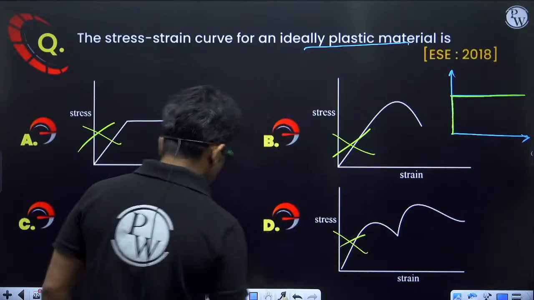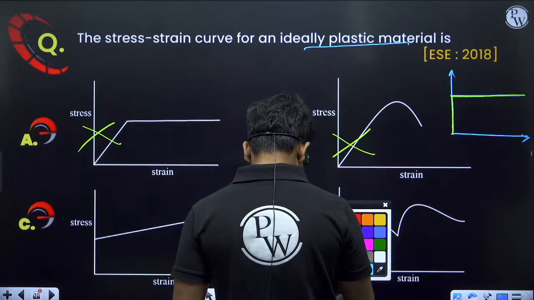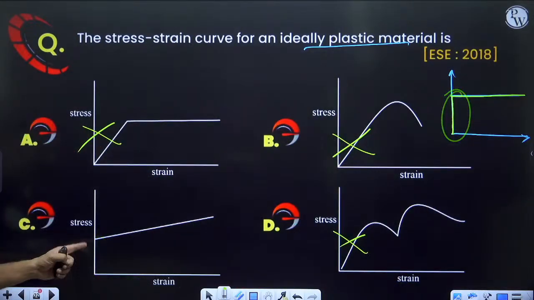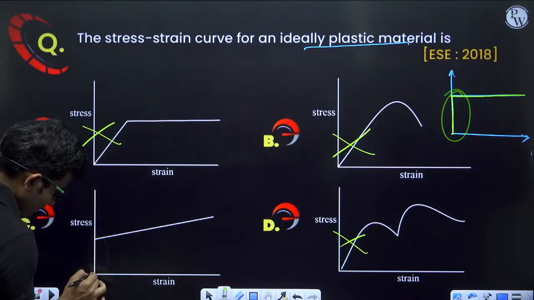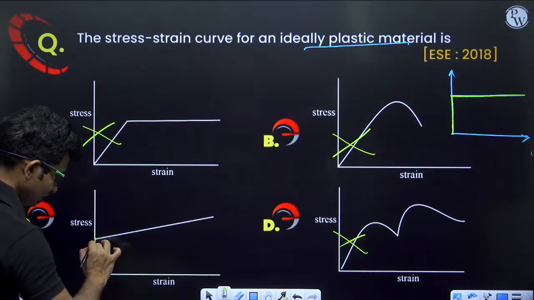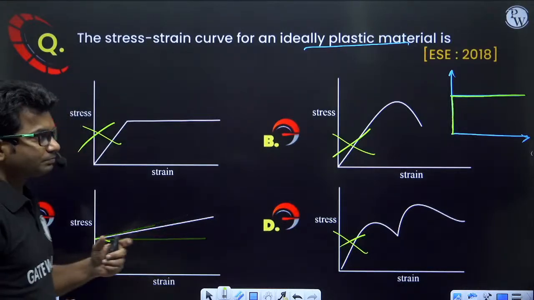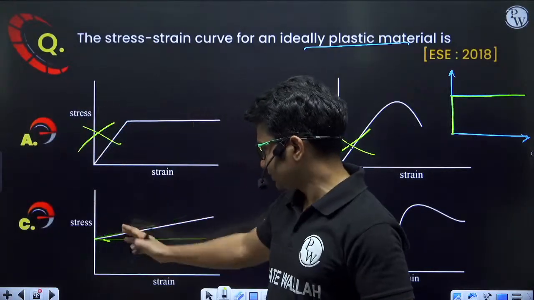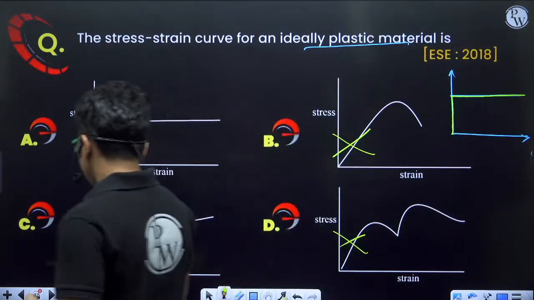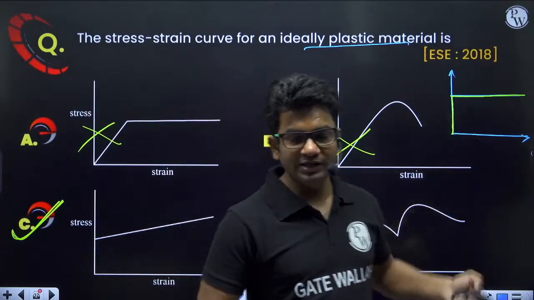In one curve this part is at least similar: stress is increasing, strain is constant. But here it should be exactly horizontal, and this is not exactly horizontal. So the closest answer will be option C, though it is not exactly matching. So the best answer we can choose here is C.